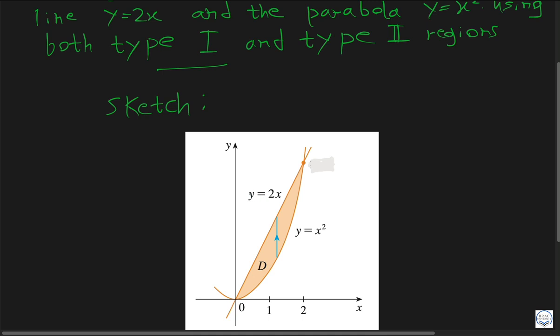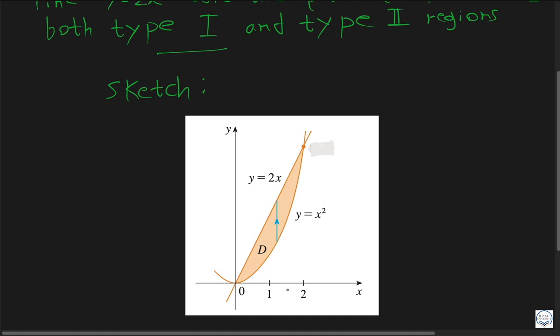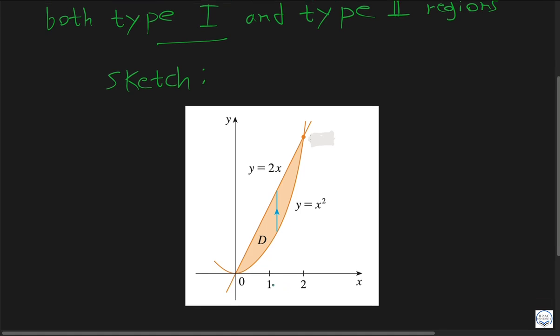So this is our sketch, and first we will solve the problem using type 1. So we will write our curves in terms of x, like y equals something in terms of x, and y equals something in terms of x, the two curves that we have. And finding the limits is quite simple. We should start from the bottom of our sketch and move up.